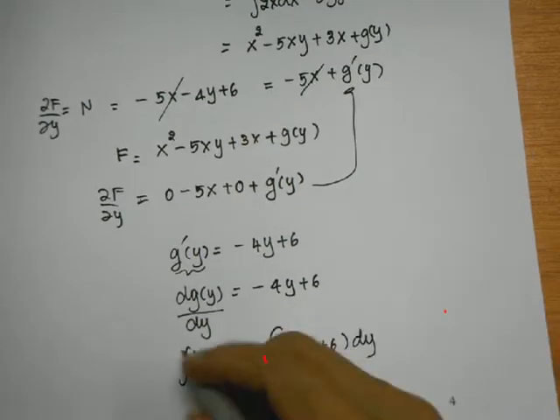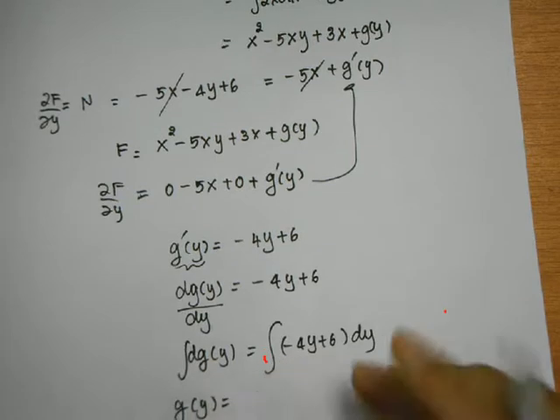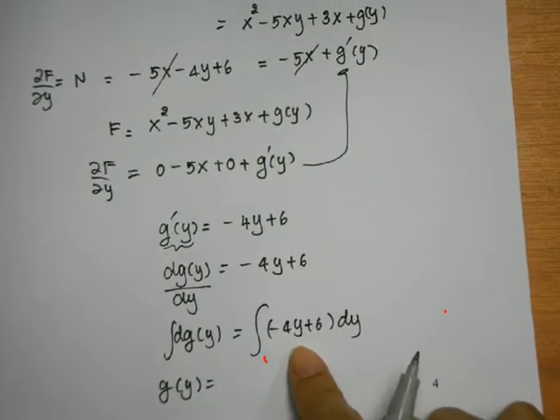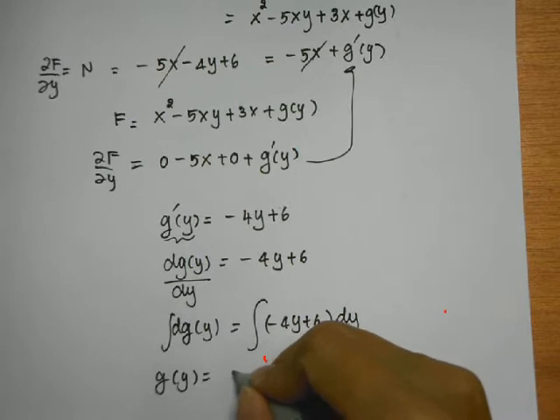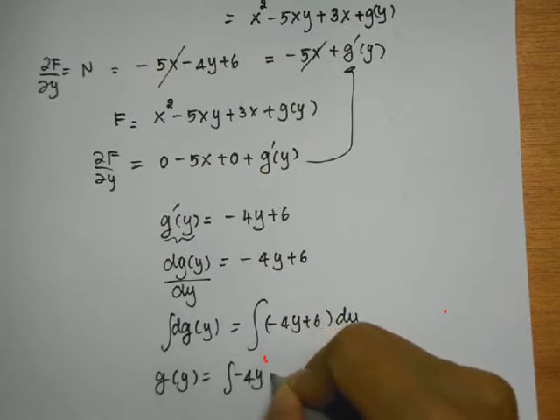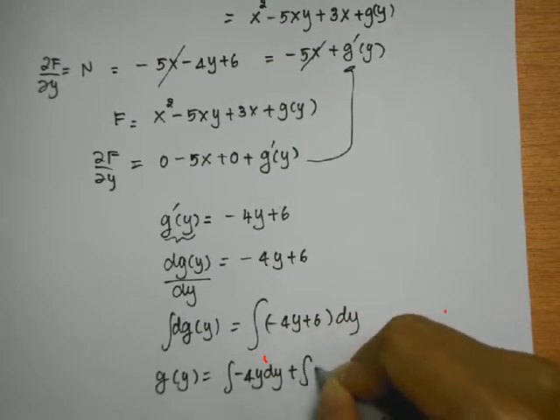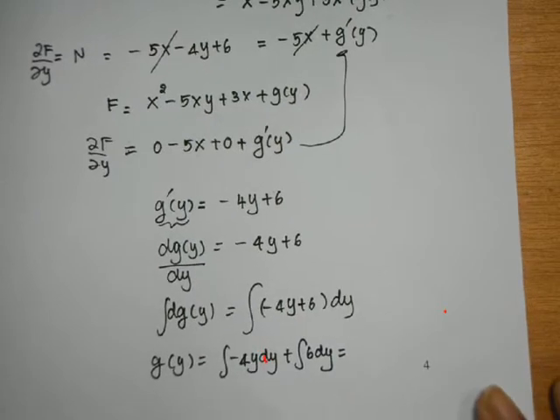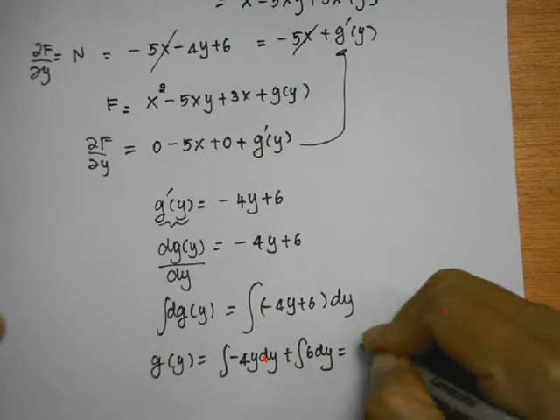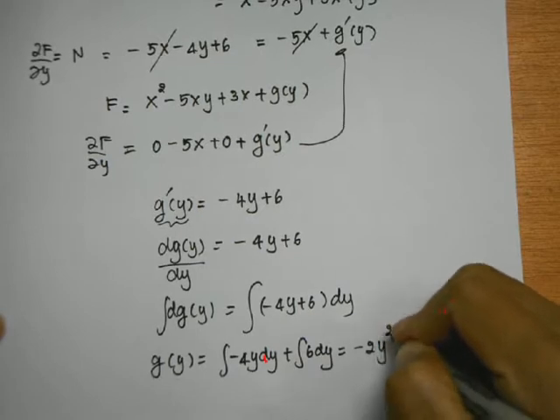Both sides, you would get g(y) is equal to what? This one is integral of minus 4y dy plus integral of 6 dy. The first term, what you get when you do integral? Minus 2 times y squared.